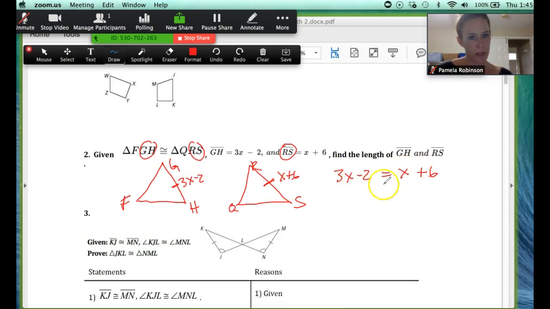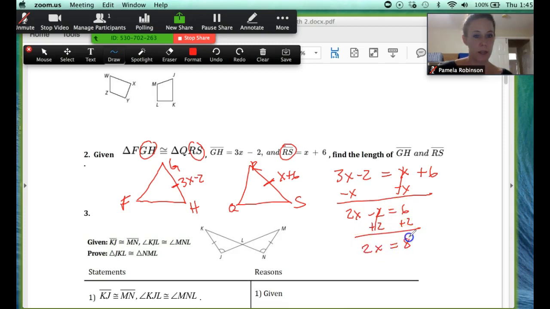Do the algebra. Gather your x's together by subtracting x to this side, and you get 2x minus 2 equals 6. Then move the constant to the other side, and you get 2x equals 8. Divide by 2 and you get x equals 4.